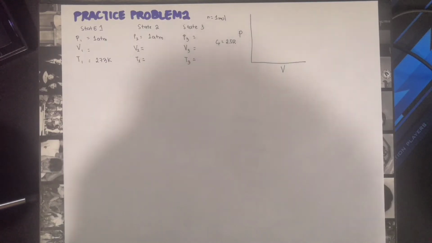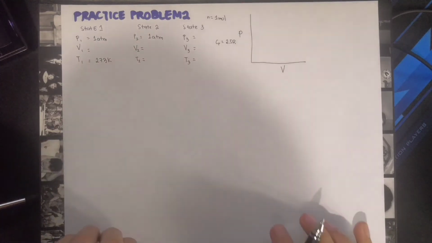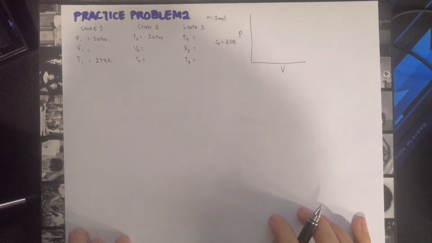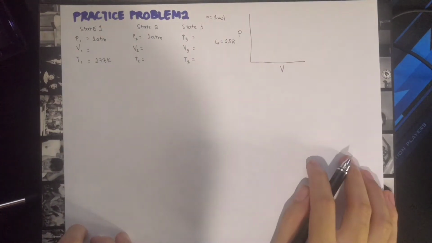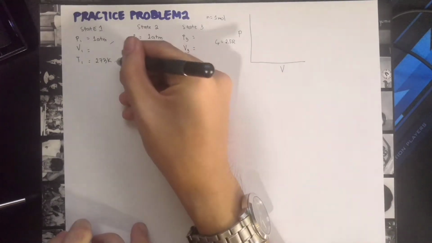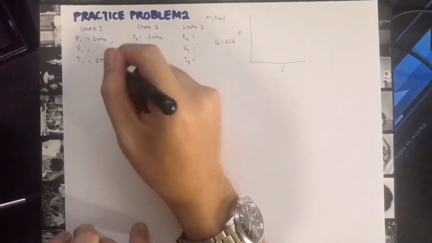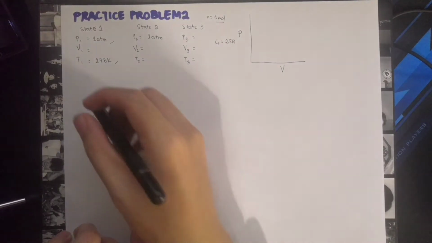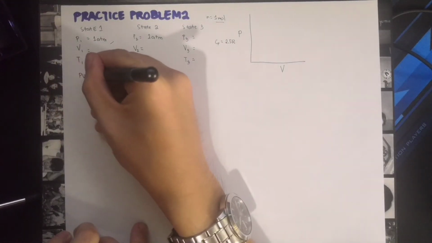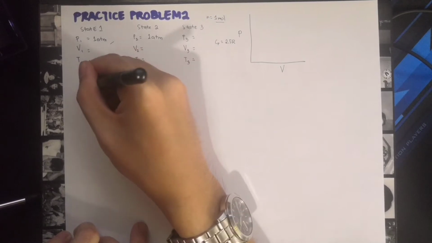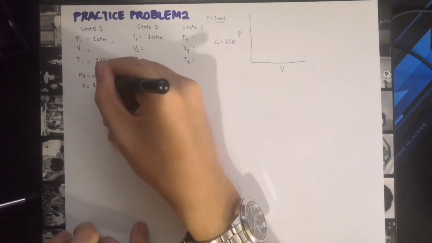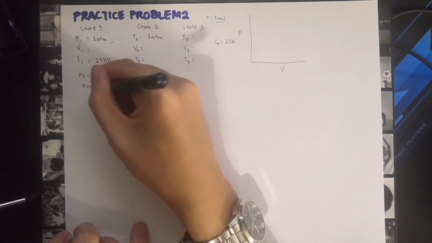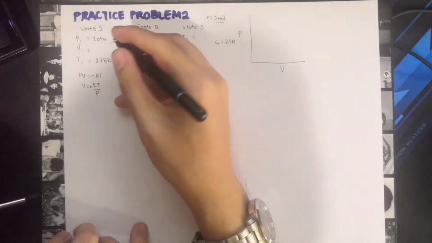Cp is equal to 2.5 R. So first, let's look for the state variables of state 1 or our initial state. So in our initial state, you have pressure 1 atm and temperature 273 Kelvin. We know that there's only 1 mole of the substance. So to get the volume, PV is equal to nRT or V is equal to nRT over P. And since n is 1, it just drops out.